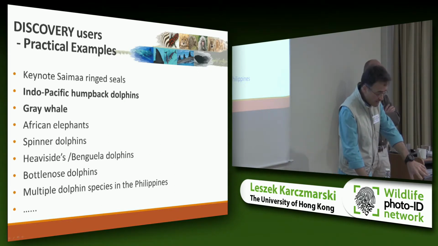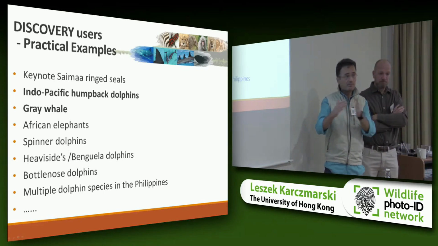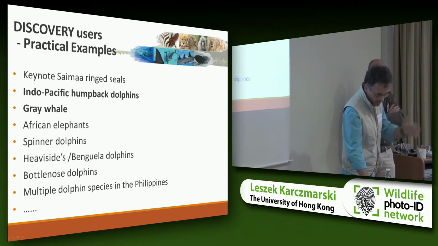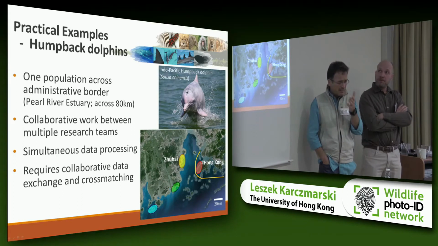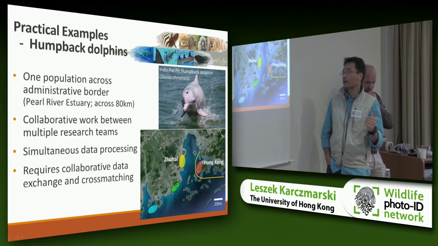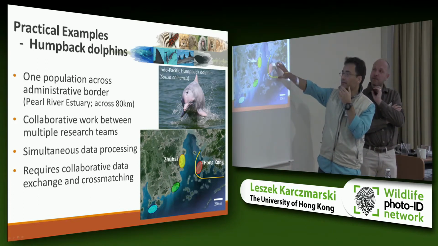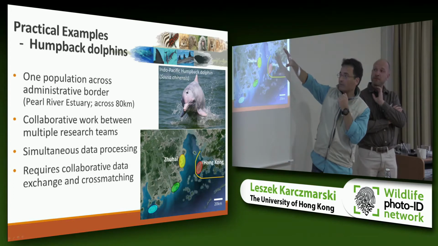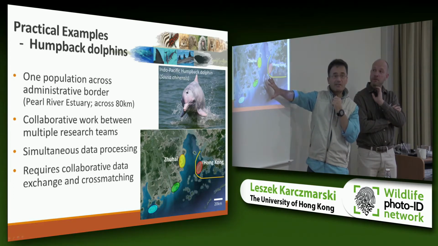We are going to use this example of Indo-Pacific humpback dolphins and gray whales as a quick overview of case study application, in just a couple of next slides. So with Indo-Pacific humpback dolphins, our study site based in Hong Kong represents only a tiny fraction of the Pearl River Delta system, and what this chart represents is actually less than a third of our study site.